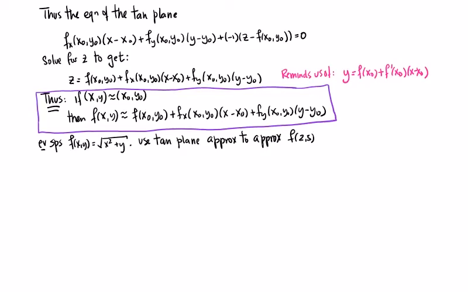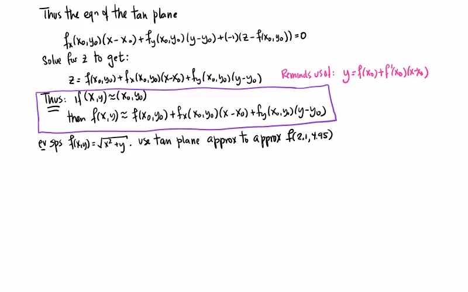Now, just for the record, actually not 2, 5, sorry. Let's do f of 2.1, 4.95.